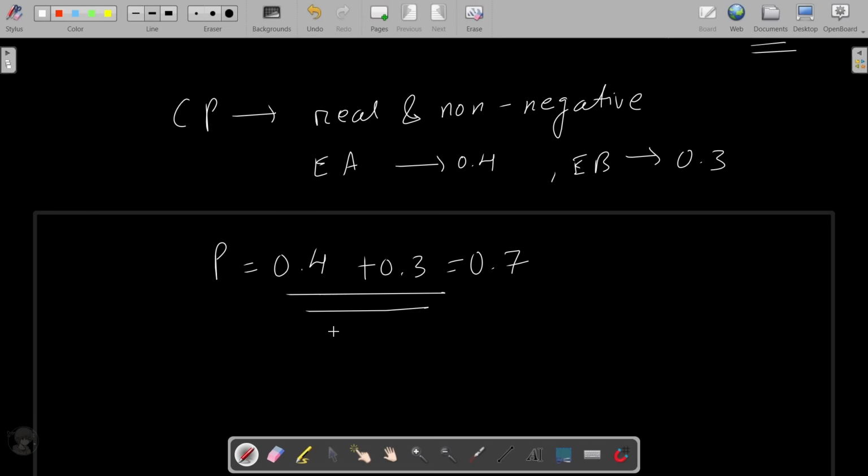You can never have 0.4 plus minus 0.4 because probability cannot be negative. So classical probabilities cannot cancel. You get what I mean, right?